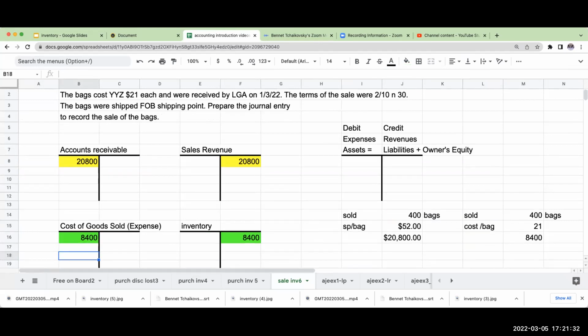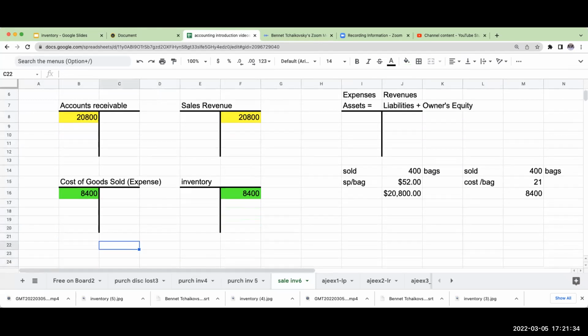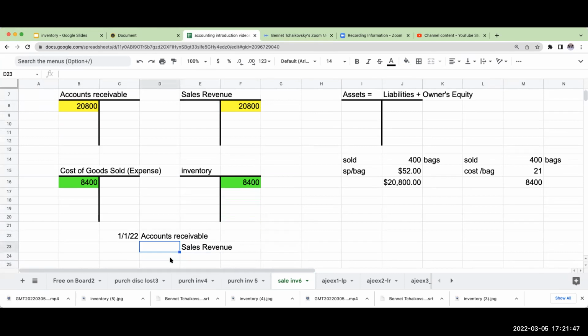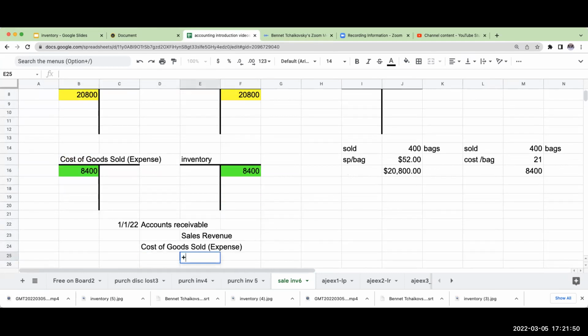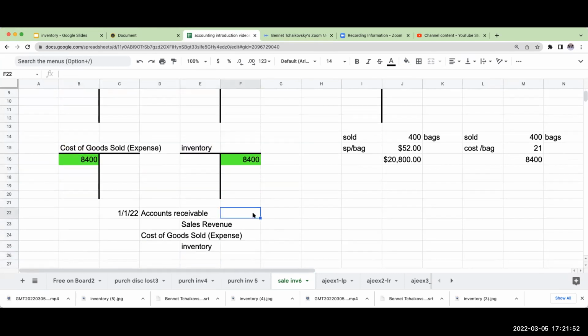What's really important is that if you're taking my class, or any class in accounting, you need to know this journal entry. Memorize it. I've actually had students be asked this during interviews: how do you record a retail sale transaction?